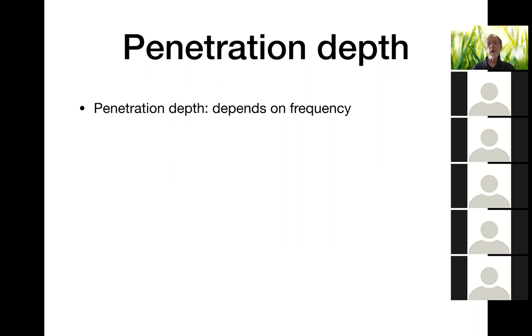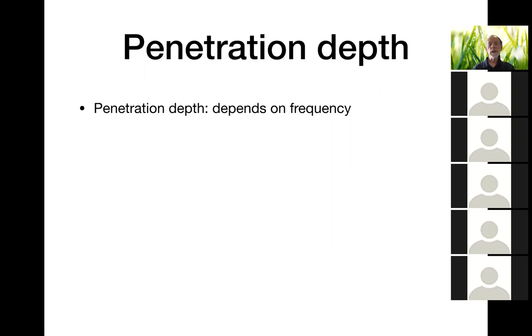So the penetration depth depends on frequency, and their relationship is very simple. The product of frequency and penetration depth, so the two of them multiplied together, is a constant. So if I increase the frequency, the penetration depth must decrease. If I decrease the frequency, the penetration depth would increase.